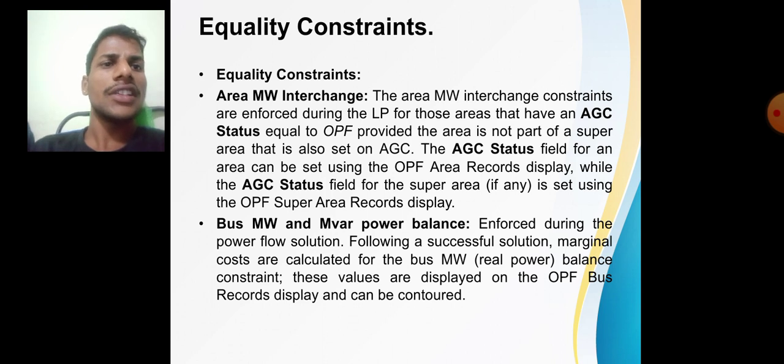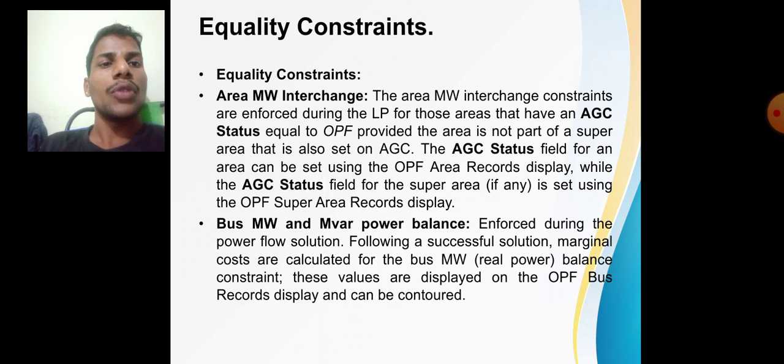The AGC status field for the area can be set using the OPF area record display. The AGC status field for the super area, if any, is set using the OPF super area record display.